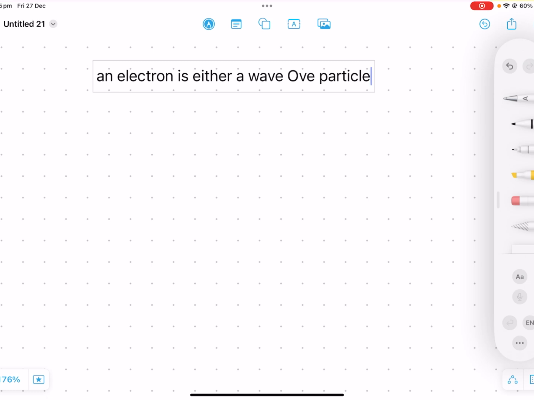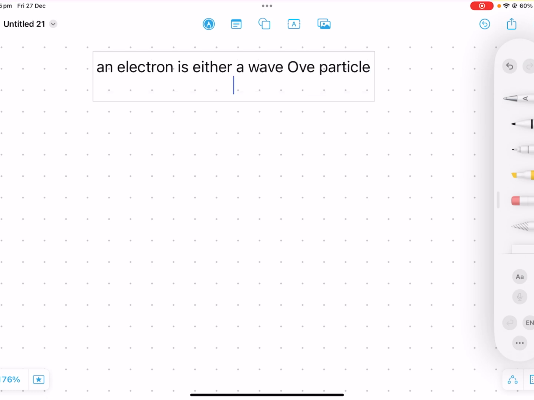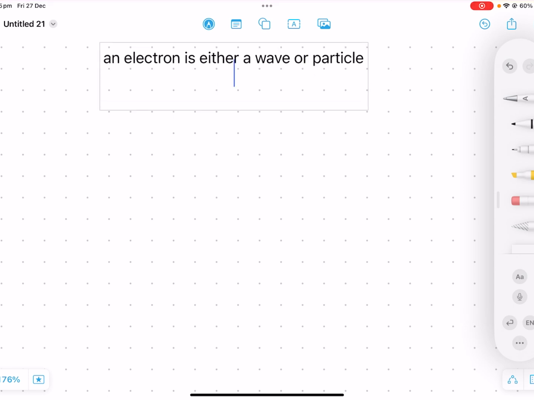Next, waves have velocity but no exact location.